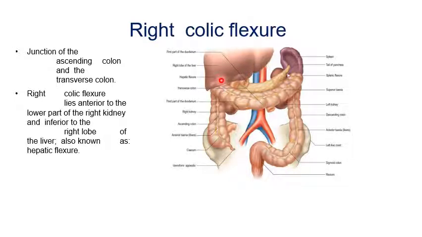So the lower part of right kidney will lie posteriorly to this right colic flexure. Then inferior to the right lobe of the liver. Right lobe जो है liver का वो इसके anterior relations में आएगा, and that is why it is also known as hepatic flexure. इसीलिए इसको hepatic flexure भी बोलते हैं.